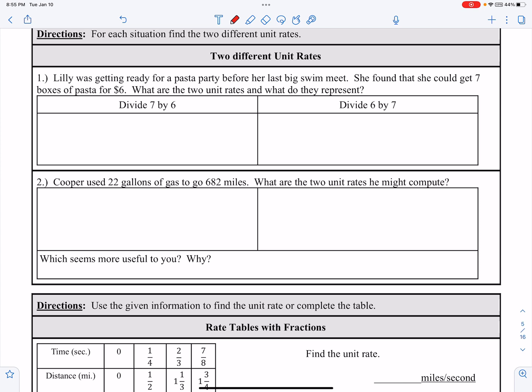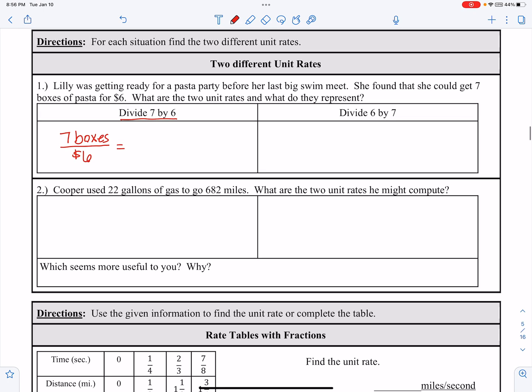And so I could obviously represent this as 7 boxes over $6, or $6 over 7 boxes to find the unit rate. So let's go ahead and just see what these look like. We're going to divide 7 by 6 first. So 7 is boxes, so let's go ahead and label this out over the $6. And then we know to find a unit rate, we're just going to divide.